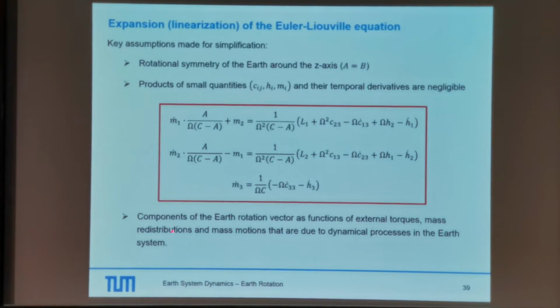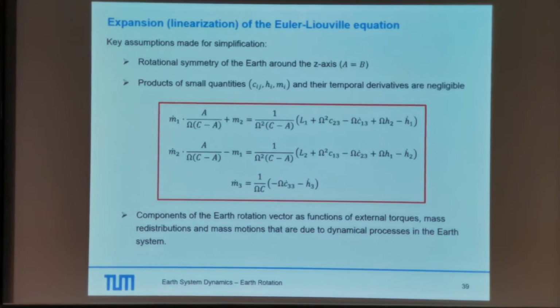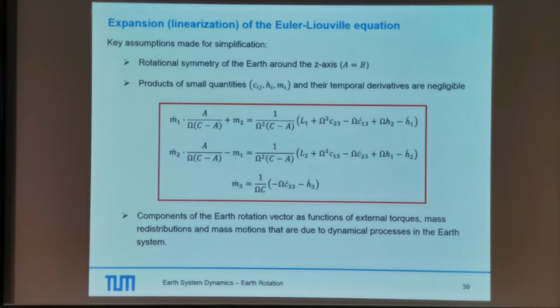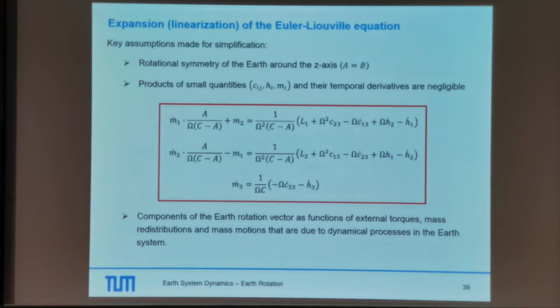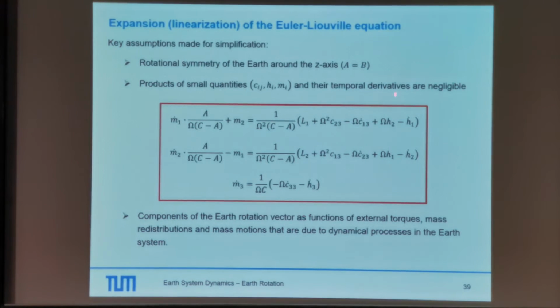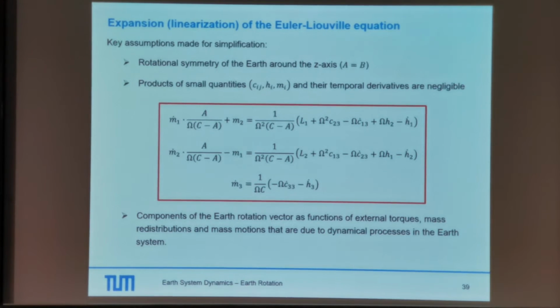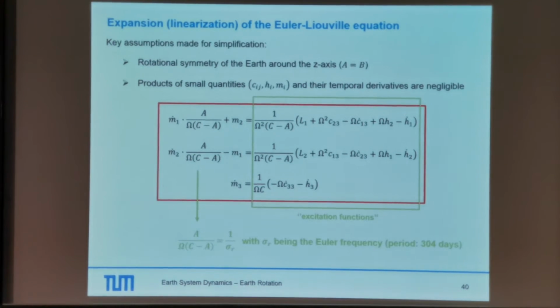They are functions of mass redistributions, since we have these small c elements, which are elements of the tensor of inertia, so mass redistributions within the Earth system. And they are functions of mass motion, since we have these small h quantities, and variations in these small quantities are caused by dynamic processes in the Earth system.